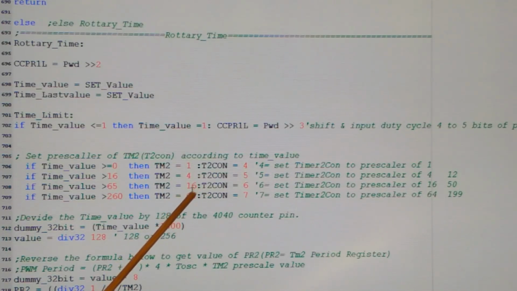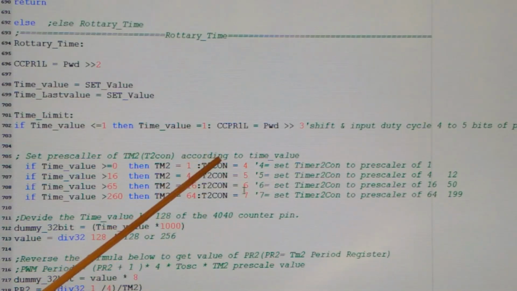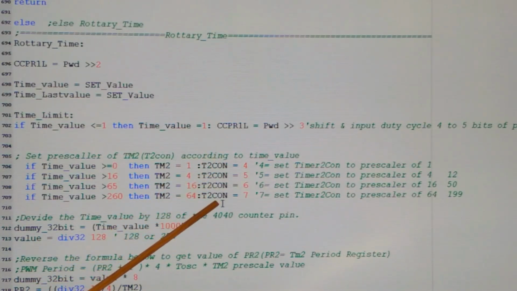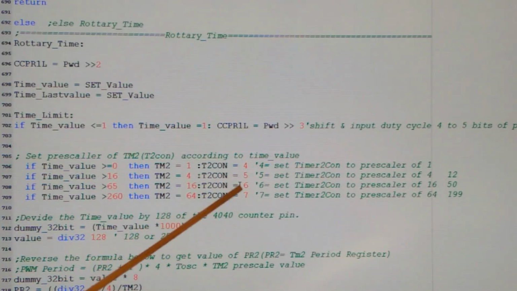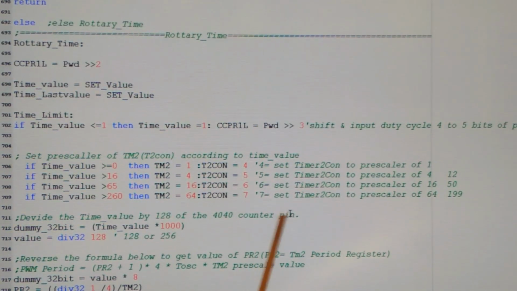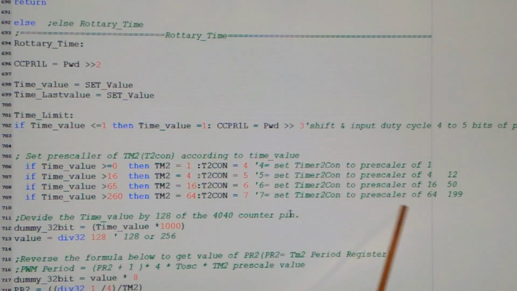I'm jumping wrong. If it's greater than 260, that's when you change to 64. And this sets your T2CON to get that prescaler of 64, so you change the figure there. And I've written here: set timer 2 con to prescaler of 64.